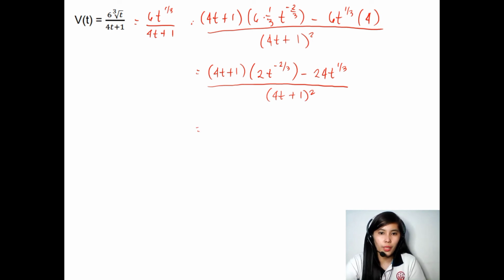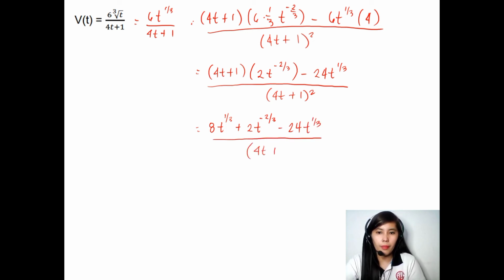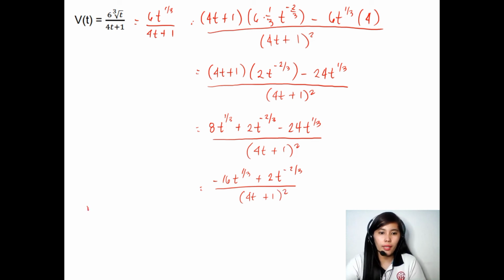So 4t plus 1 times 2t raised to negative 2/3 is equal to 8t raised to 1/3 plus 2t raised to negative 2/3, minus 24t raised to 1/3, all over 4t plus 1 squared. So this is equal to negative 16t raised to 1/3 plus 2t raised to negative 2/3 all over 4t plus 1 squared.